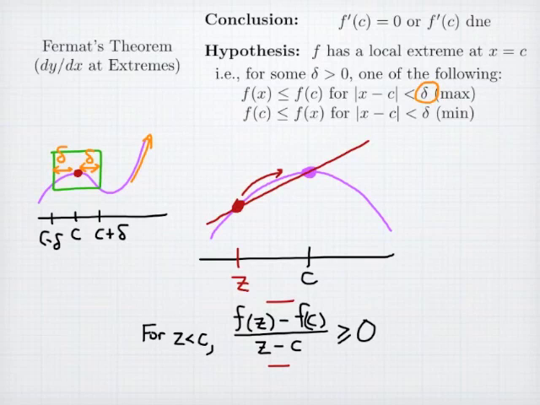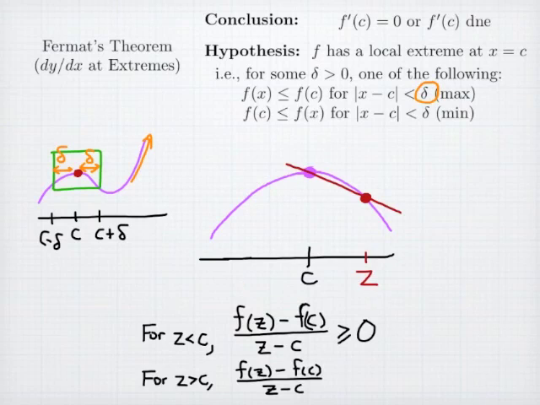On the other hand, if I think about Z being greater than C, my f of C is a maximum. So f of Z minus f of C is still a negative number, while the denominator is now a positive number, which means that my fraction is less than or equal to 0.